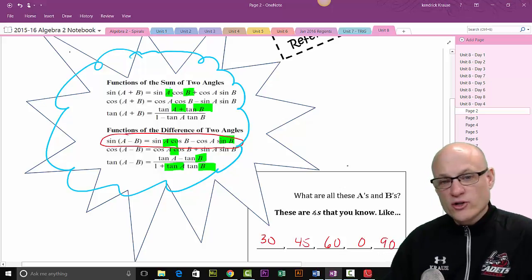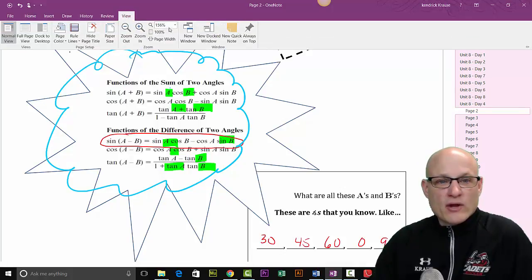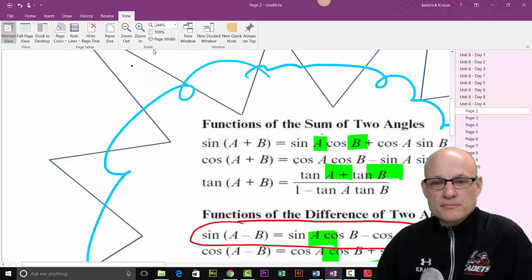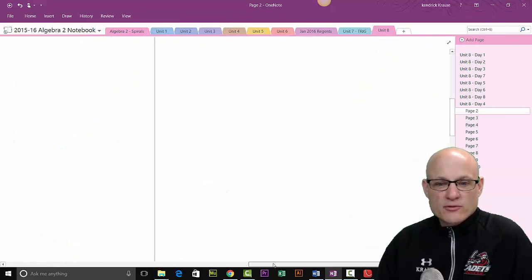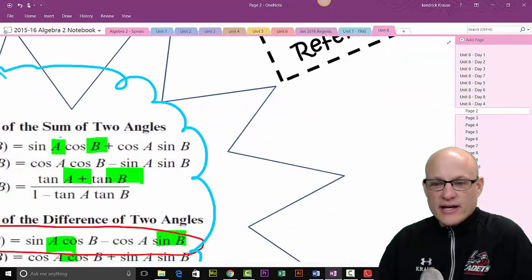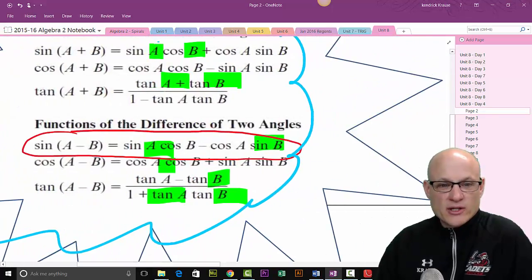So what we're going to do is blow that up. Oh, man, that was too much. So if I have the sine of two angles that I'm subtracting, this is the formula I want to use.